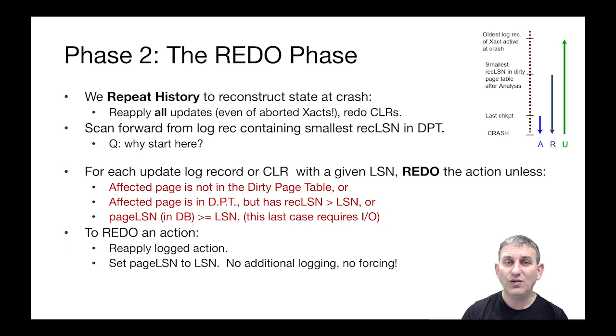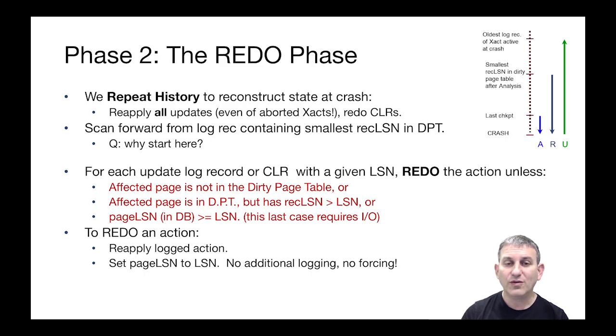Nothing older than that could have affected the buffer pool at the time of crash based on the recLSNs that were in the checkpoint record. So anything before that time was definitely reflected in the database. The smallest recLSN in the dirty page table marks the point in history where it's possible that updates need to be redone. And so we start from there.